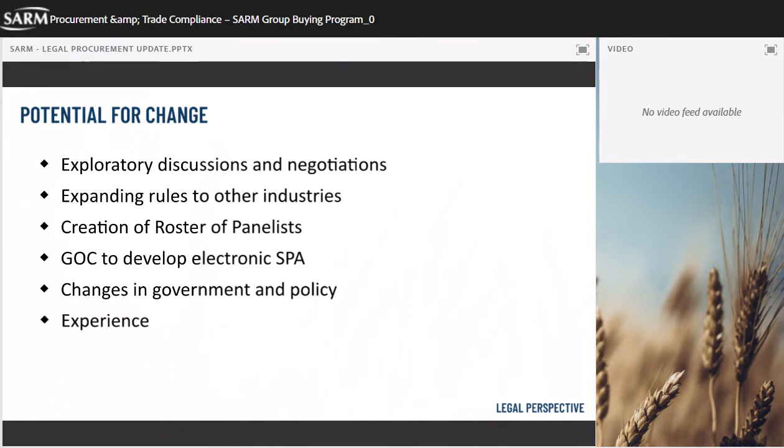Now, there's potential for change here. Let me back up. We mentioned limited tendering or selection of awards, in the interest of the public. There are some exceptions that are exclusions that are permitted.